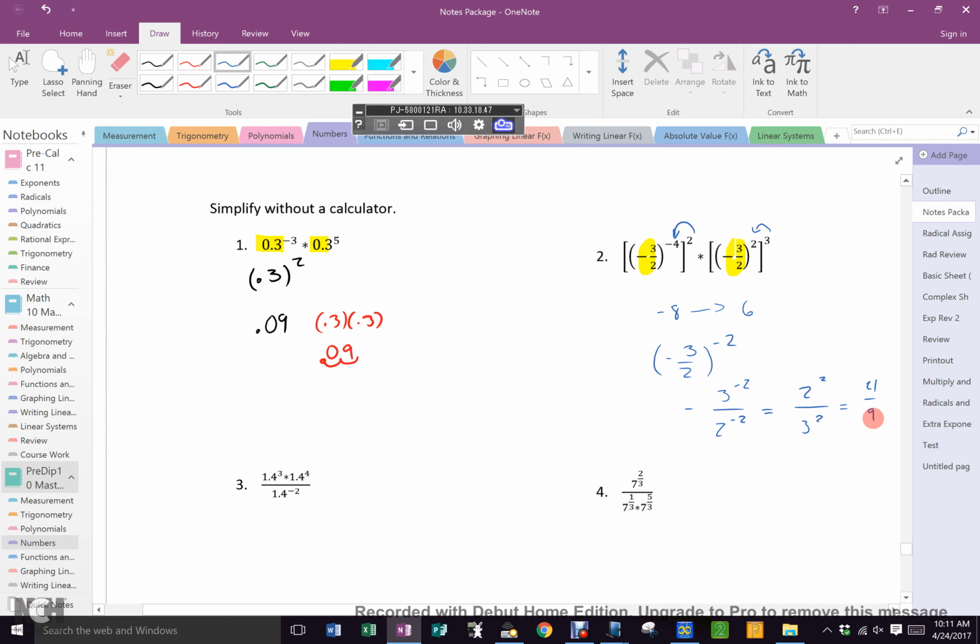Max has just asked, but what about this guy right here? What happens? What do you notice about that negative in the very original question? Is it part of the base?